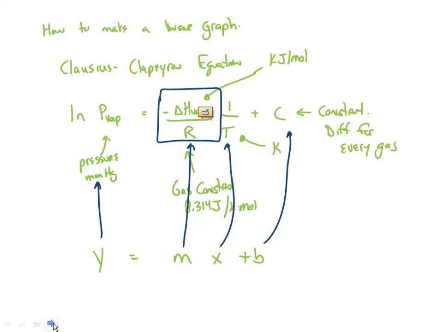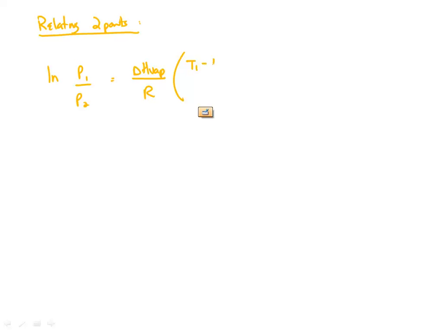The second form of the Clausius-Clapeyron equation, probably the more useful form, relates 2 points: natural log of P1 over P2 equals delta H of vaporization over R, times T1 minus T2 all over T1 times T2. I'm not going to bother deriving that, but it relates any 2 temperature, pressure points.